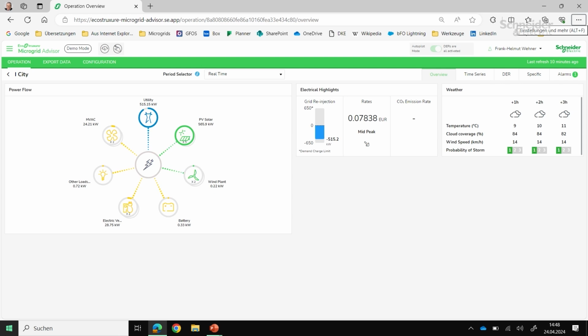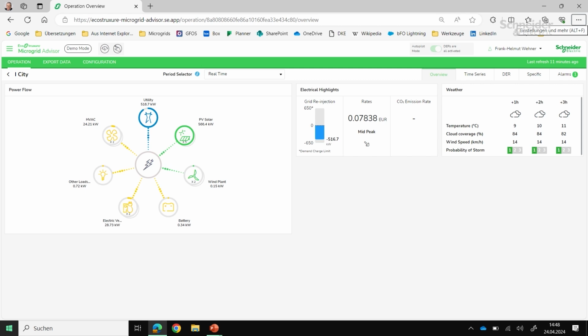And what you can see on this first diagram is the current situation. That means how much energy is produced from PV, how much energy is produced from wind, what is consumed by the HVAC system, and finally, how much power we consume from the grid, or in this case, you see the direction is to the grid. Currently we are exporting energy to the grid.